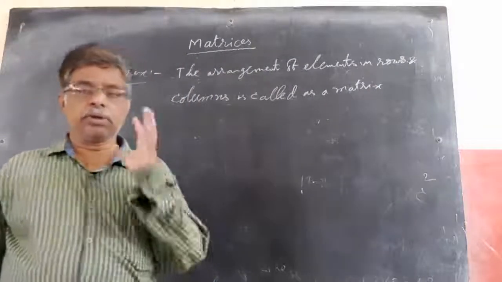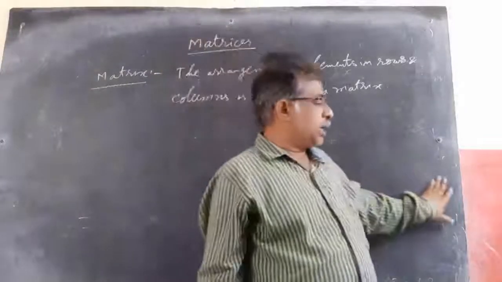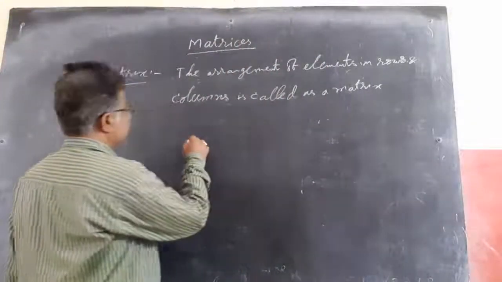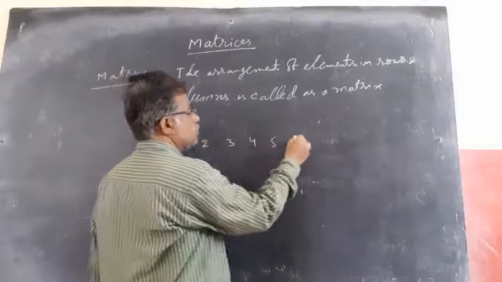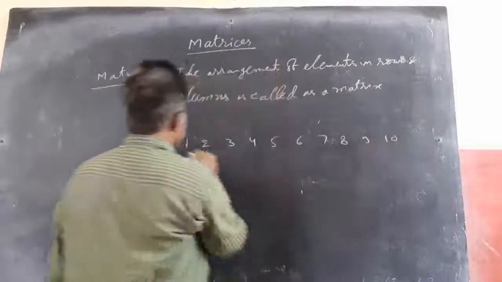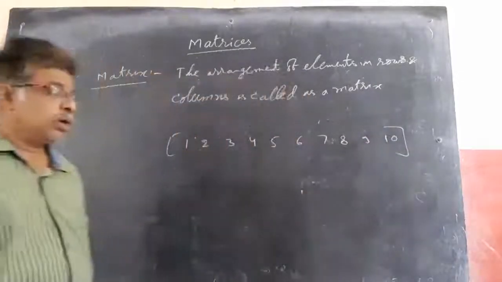For example, we have numbers from 1 to 10, natural numbers from 1 to 10. How can I arrange 1 to 10? I can write like this: 1, 2, 3, 4, 5, 6, 7, 8, 9, 10. This is one type of arrangement.